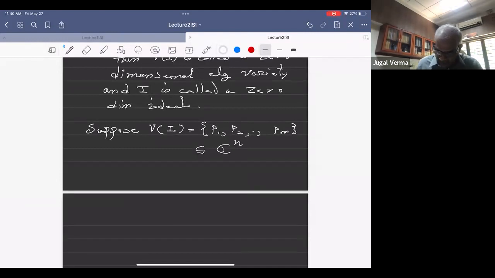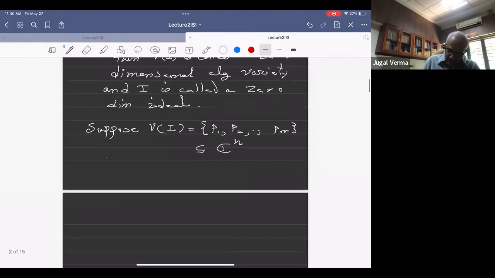So how do we recognize that V(I) is finite? Okay. So if it is finite, then let us look at a point P1. Let us take the first coordinates of all these points.